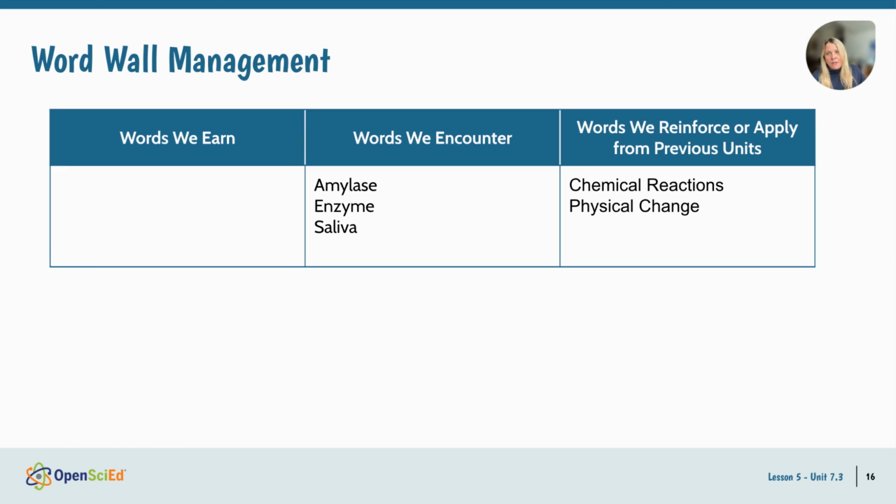So through this unit, you will be adding a couple of words to our word wall. In this particular lesson, we encounter the words amylase, enzyme, and saliva. Your students may wish to add these to their earned words, or they may not, depending on their familiarity with it. The words that we reinforce or apply from previous units are chemical reactions as well as physical changes.